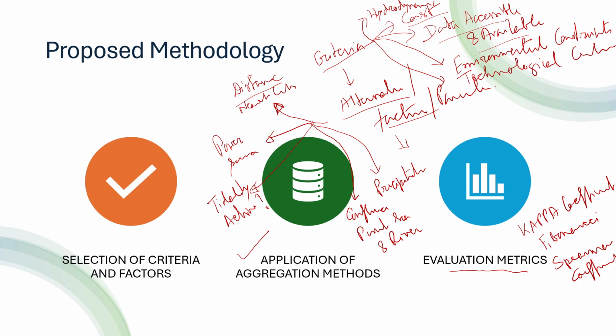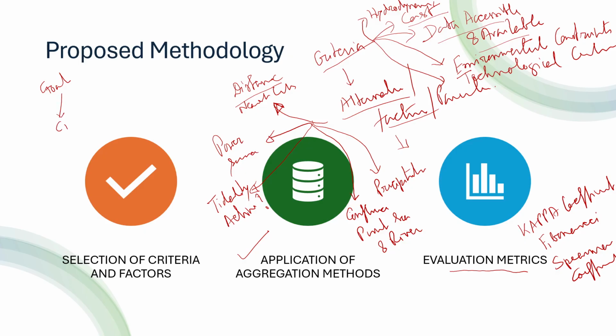So once you develop the decision tree, this is the goal. Goal means to select the location for sensor installation.